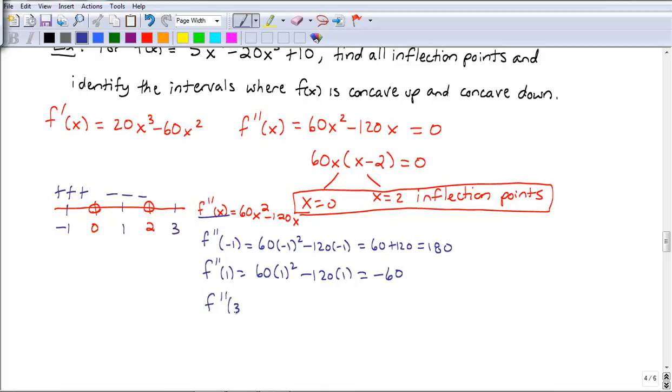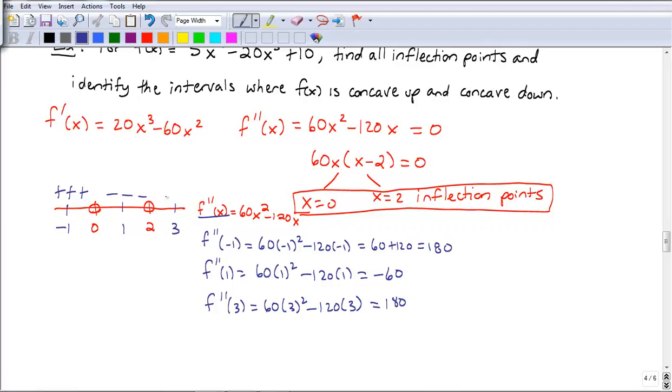In the second derivative, I plug in the last test point, which is 3. So I have 60 times 3 squared minus 120 times 3. And I get 180, which is a positive.